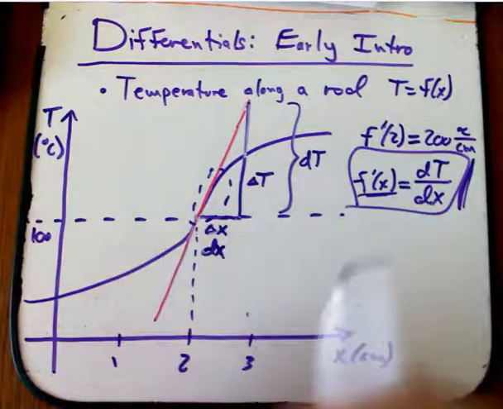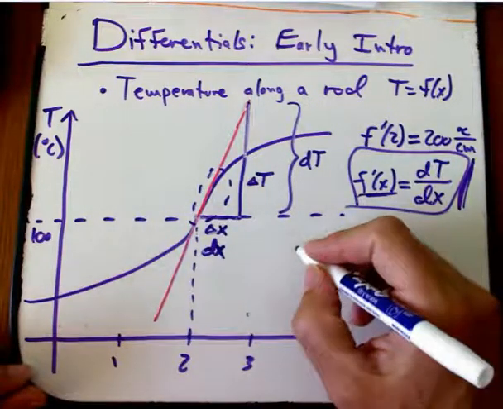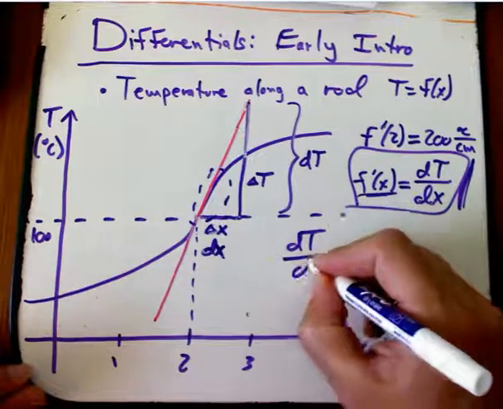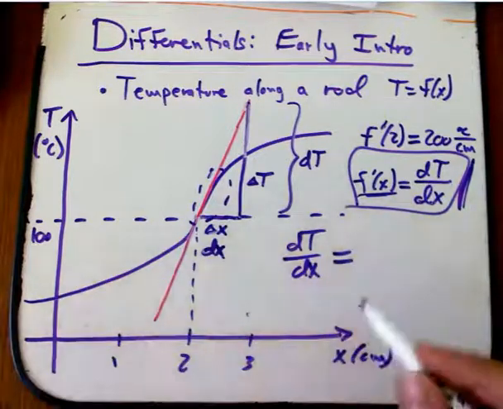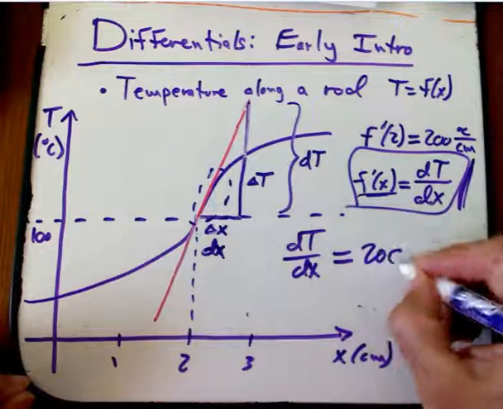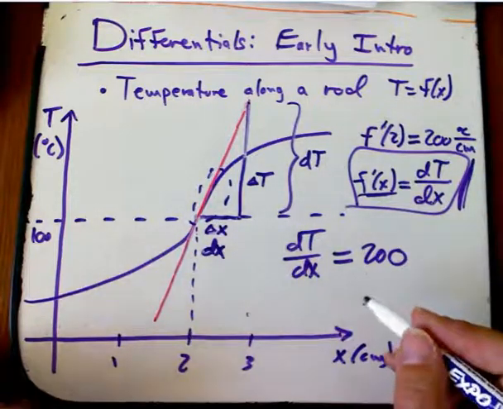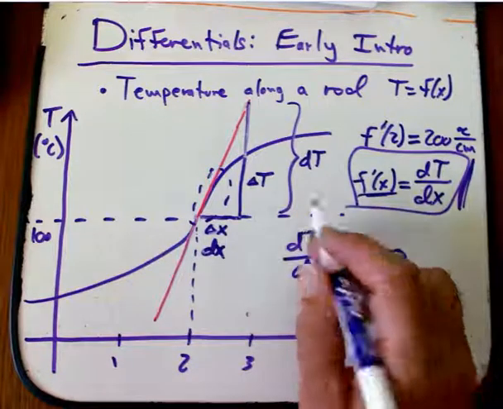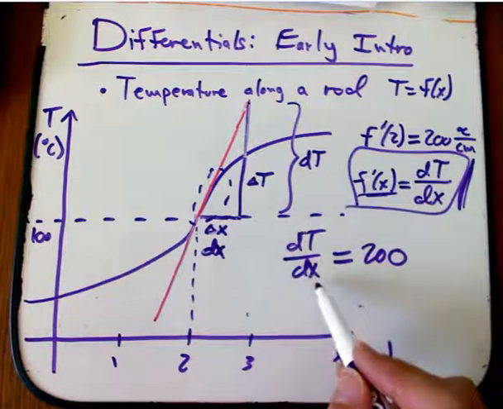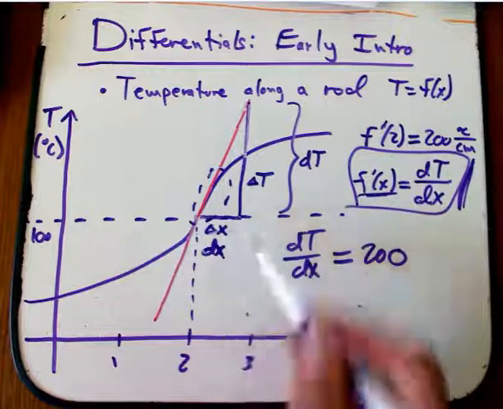Okay, so we've got a situation where dT/dx is known to be 200, in degrees Celsius per centimeter, but I'll express the units right now. One thing we could do is, if we put in a dx, a known change horizontally, we can predict what the dT is.